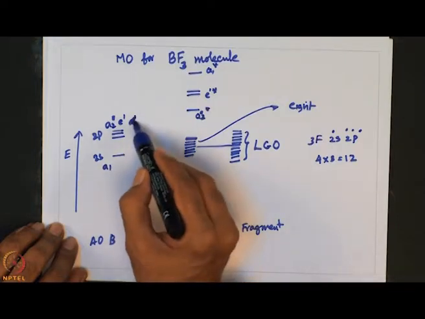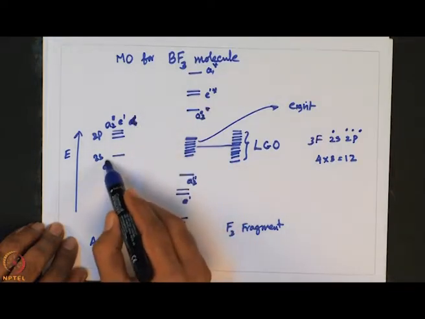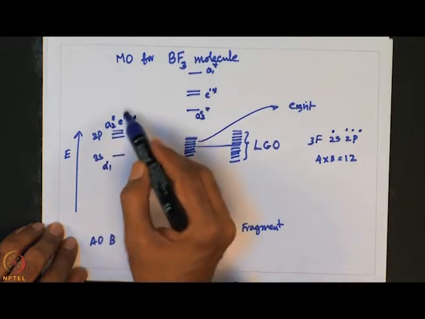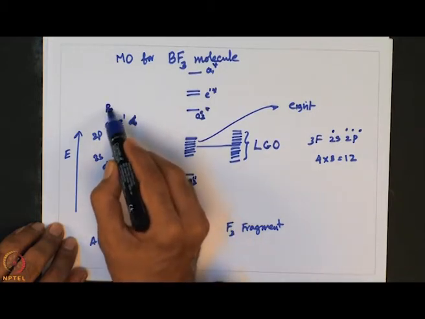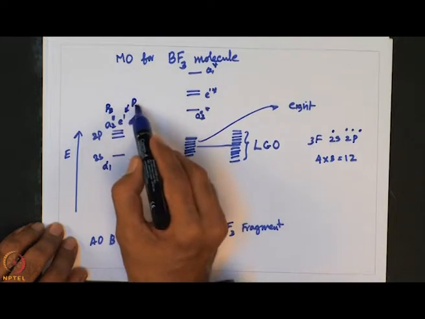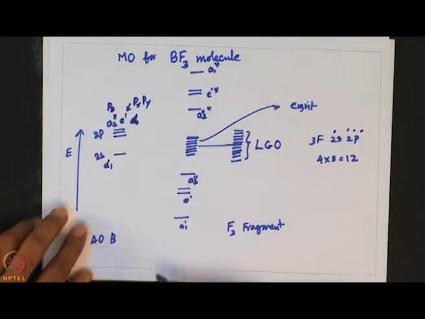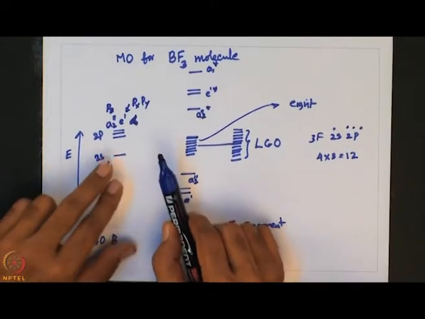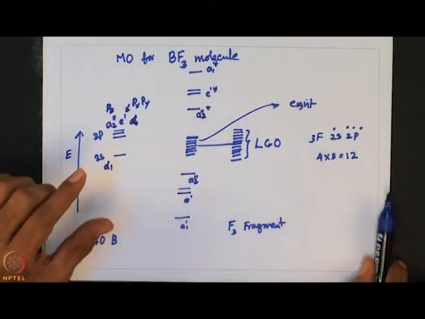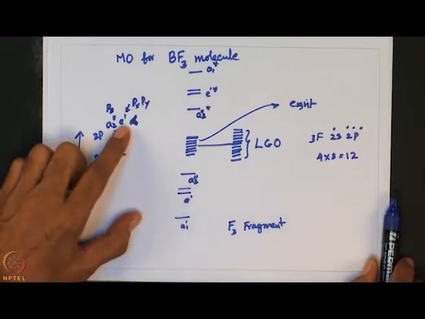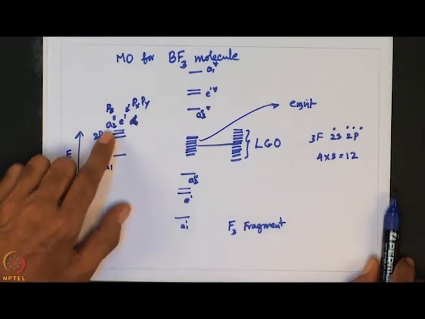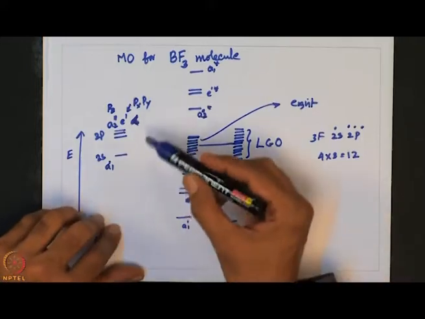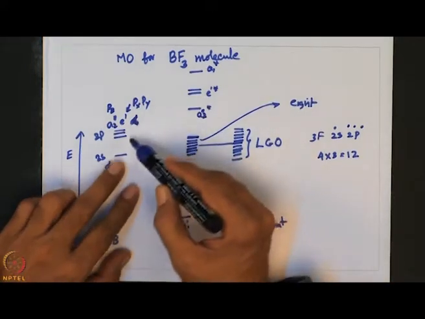A1 prime I have given 2s, and this is Pz, and this is together Px and Py. Okay. So, this is how it is. 2p has two types of orbitals, Px and Py, forming E prime, whereas A2 double prime is Pz. So, now let me start connecting wherever it is there.